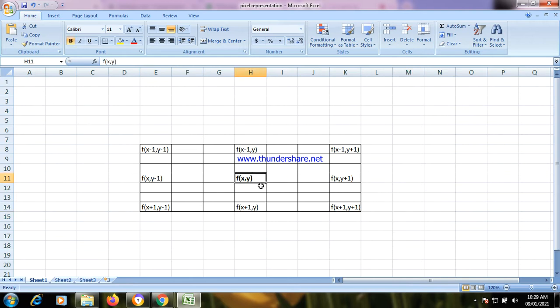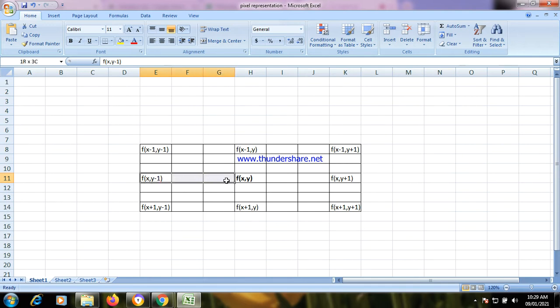Say this is the central pixel. I can say this is 3 cross 3. You can find 3 rows and 3 columns, right? So this is the center pixel, which I am representing by f of x y. Then to the left of f of x y, I am representing it as f of x comma y minus 1.